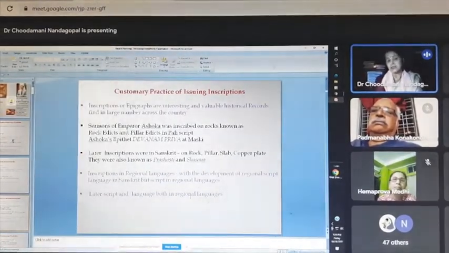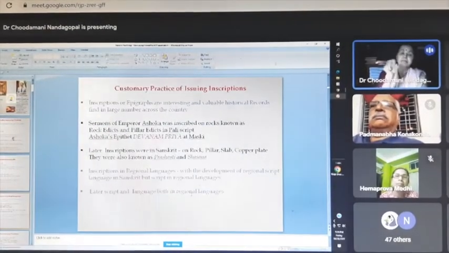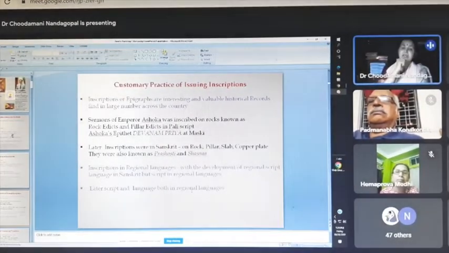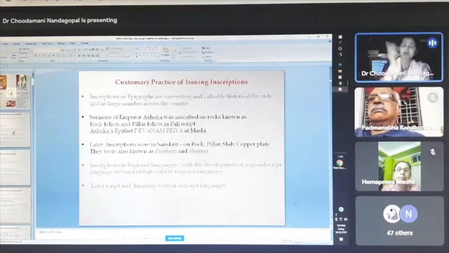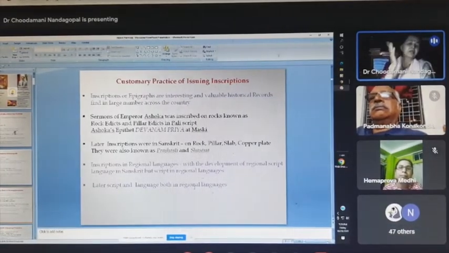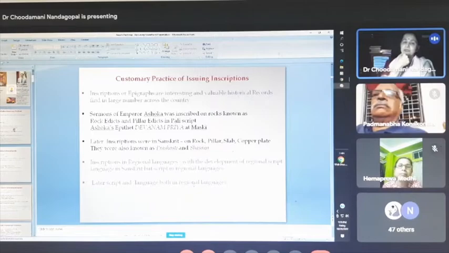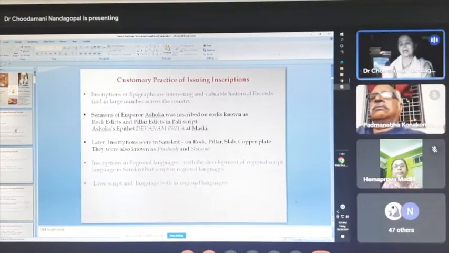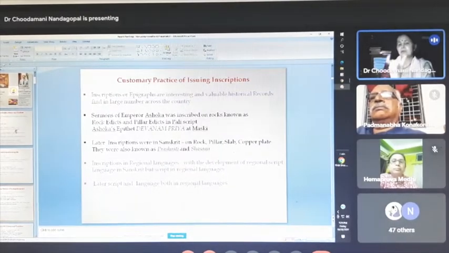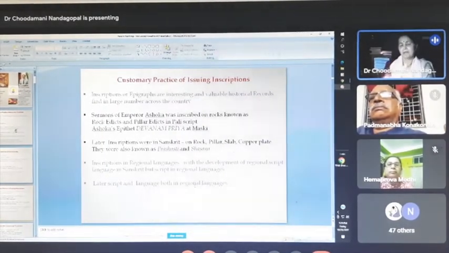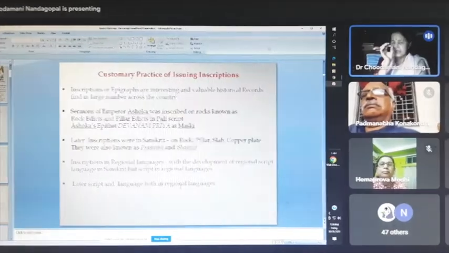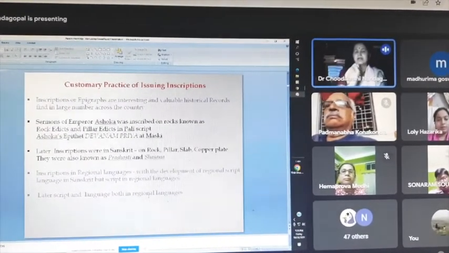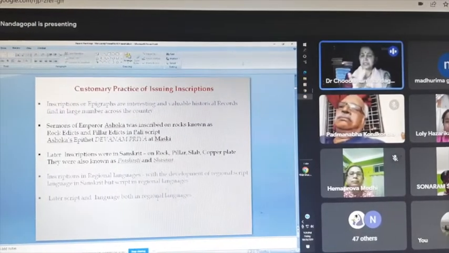You will be surprised to see Ashoka's epithet, Devanampriya. You don't find this particular term in all those 13 rock edicts or 7 pillar edicts of Ashoka, but you find it at Maski in Karnataka. So you find the name Devanampriya, epithet of Ashoka, in an inscription at Maski in Karnataka.